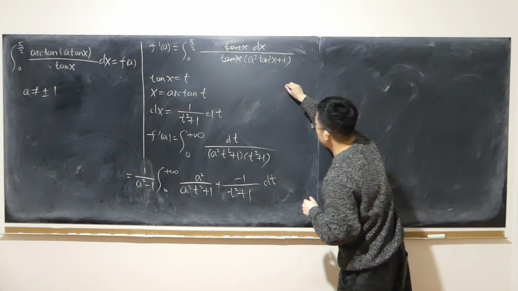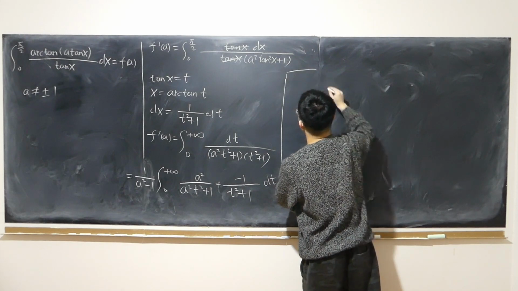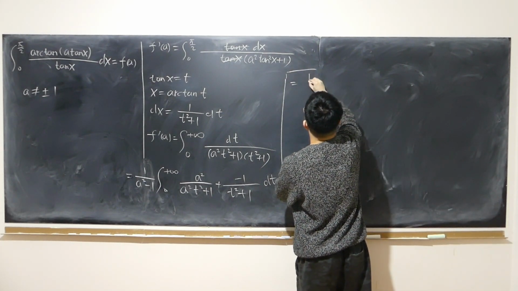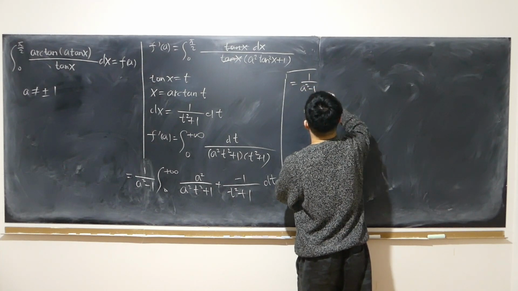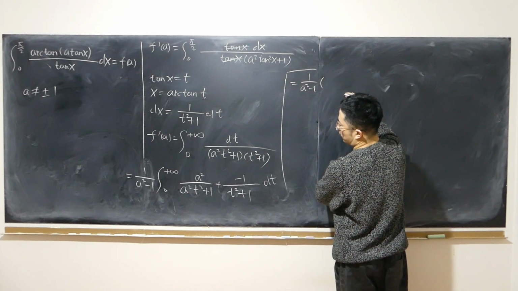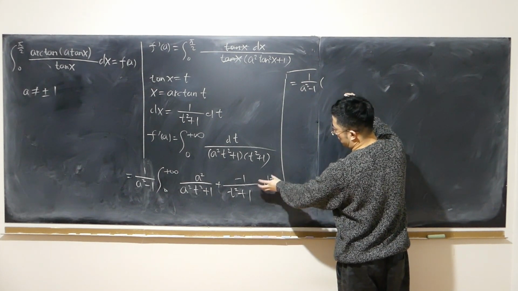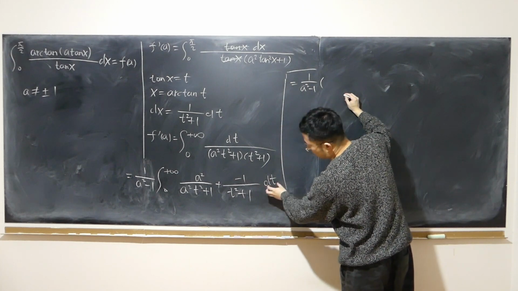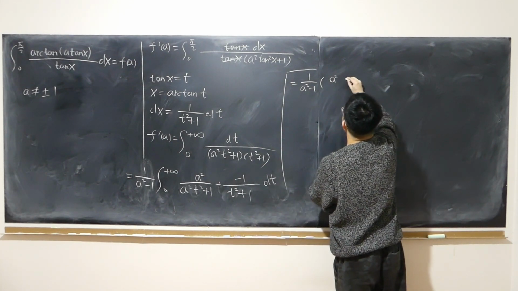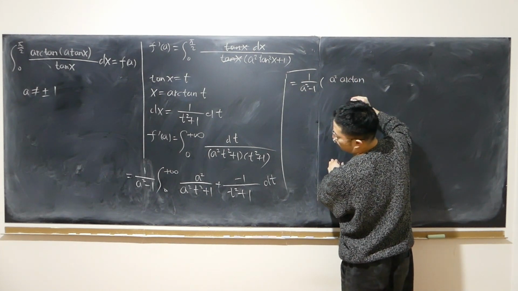Of course, I require a not equal to positive 1 or negative 1, so that we're safe. And in this case, that is equal to 1 over a squared minus 1, and it's a squared that's constant. So this time integrate with respect to t. This time a is a constant. So a times arctangent of at.